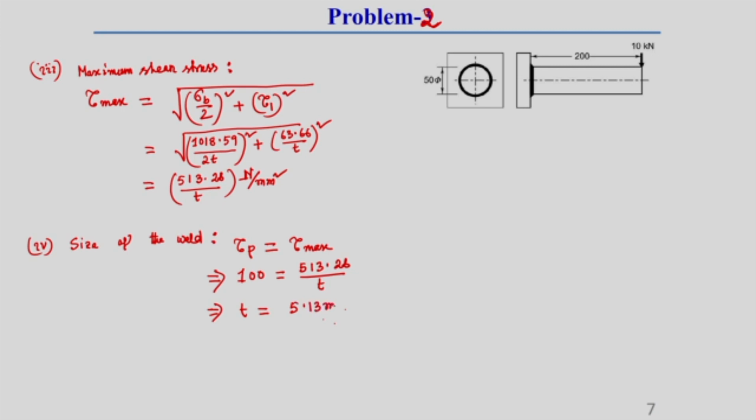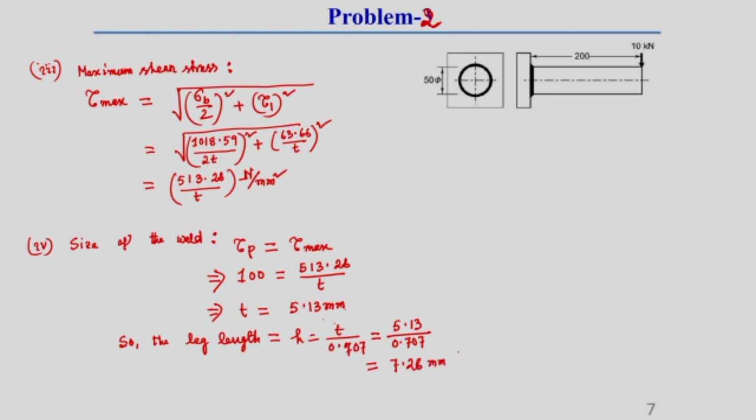So, from here we get t equal to 5.13 millimeter. So, the leg length A will be equal to t by 0.707, that is 5.13 divided by 0.707, which will be equal to 7.26 millimeter.